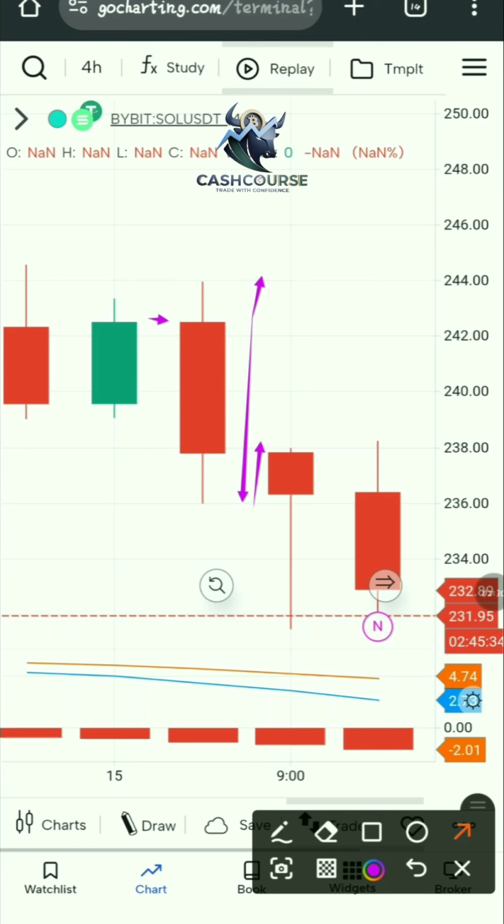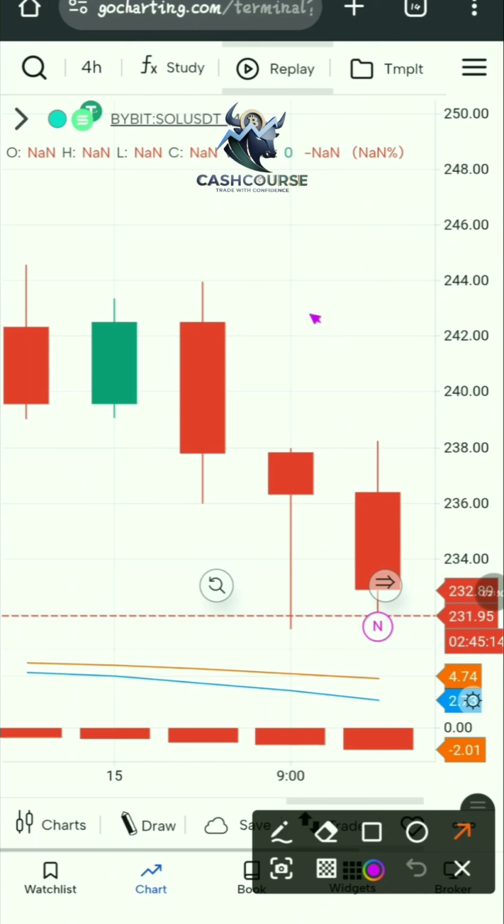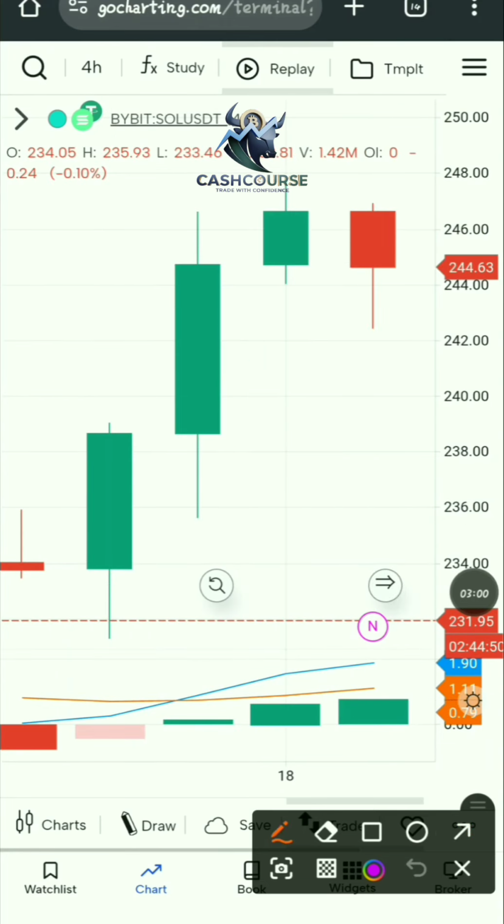So on a bullish scenario, the range of the candle goes open, low, high, close, while on a bearish scenario it goes open, high, low, and close. It opens, makes a high, makes a low, and then comes back to make a close. While on the bullish side, it opens, makes a low, makes a high, then comes back to make a close, right? I hope we've understood this concept.